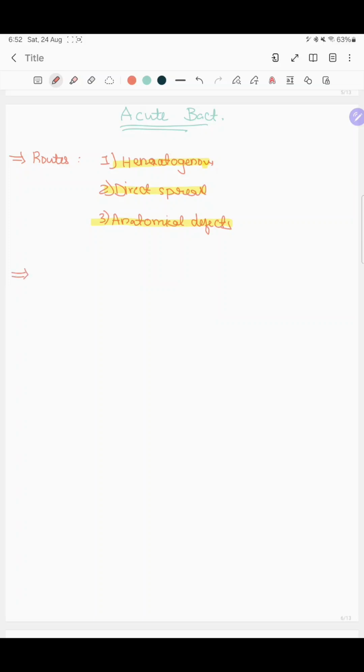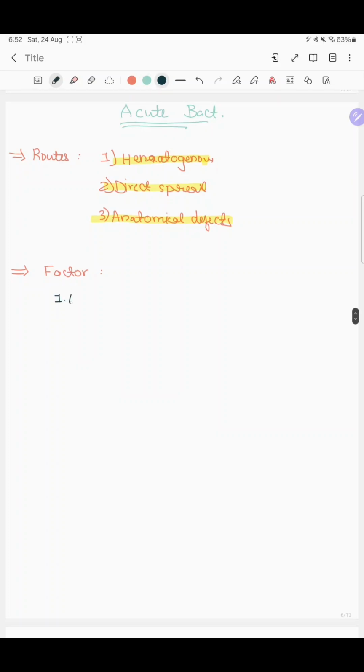Then what are the factors which can cause meningitis? It can be your age. The main causes related to age are an immature immune system, any colonized organisms in the mother when they are giving birth, or increased permeability of the blood brain barrier.